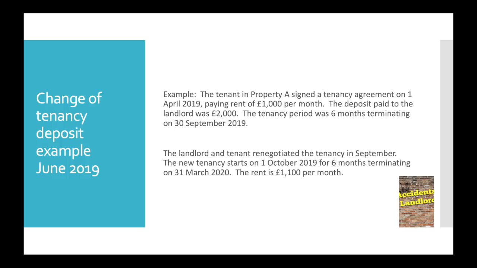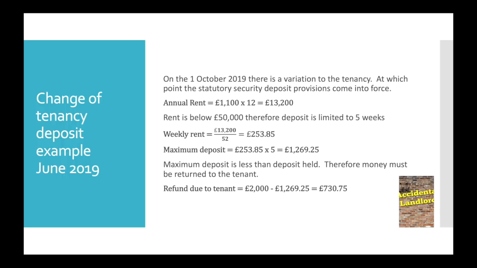However, at the end of this period, the landlord and the tenant renegotiated the tenancy, and from the 1st of October, for another 6 months, terminated on the 31st of March 2020, the rent is increased to £1,100 per month. Now that is a new tenancy agreement, and therefore would now be subject to the new rules.